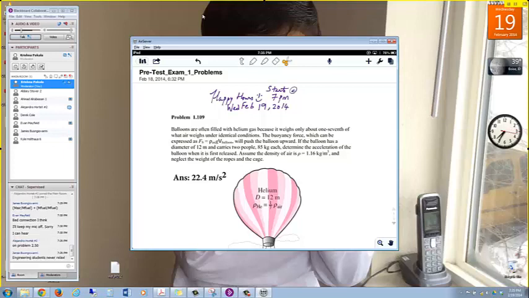Okay, what about problem 250? Why is the temperature given? You don't have to use it because it's the same temperature as the outside, right? So yeah, you don't necessarily have to use everything given sometimes, and it's one of those instances.